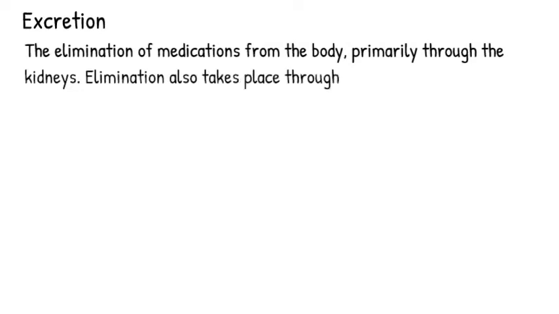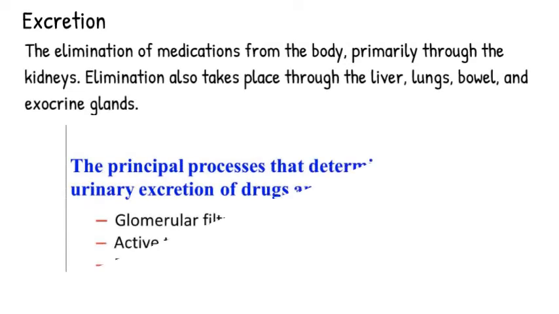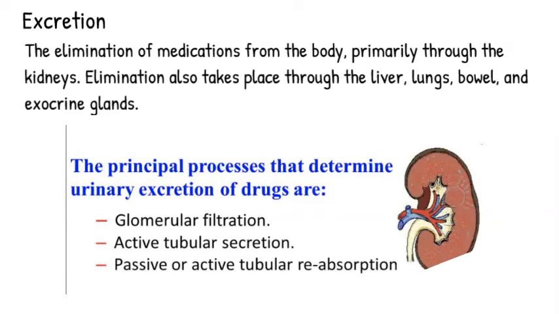So we're moving on from the liver, now we're moving to the kidney. Excretion primarily occurs through the kidneys. Elimination takes place through the liver, lungs, bowel, and exocrine glands, but excretion primarily occurs in the kidney.